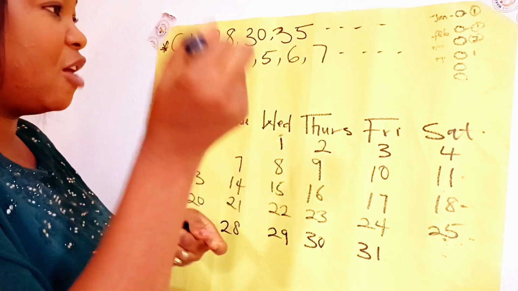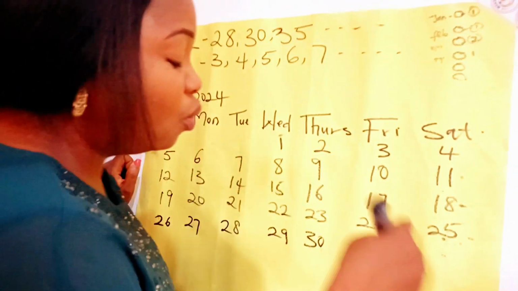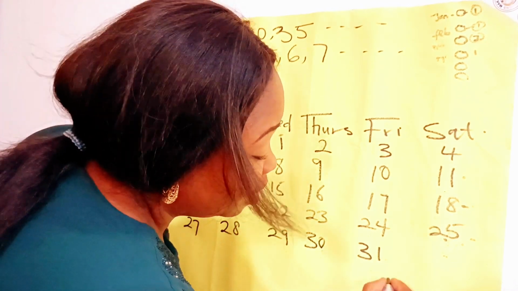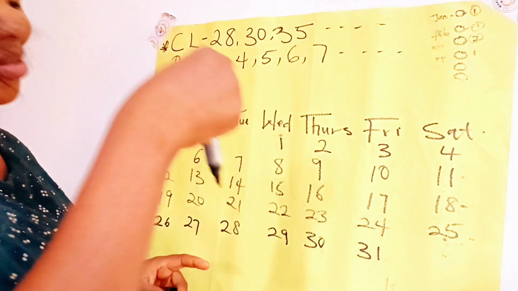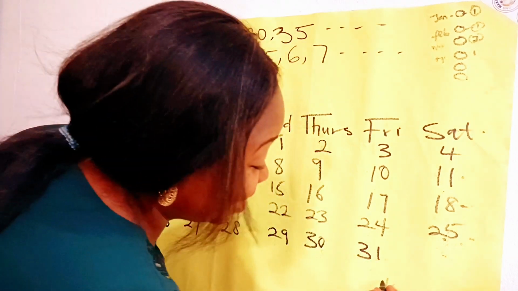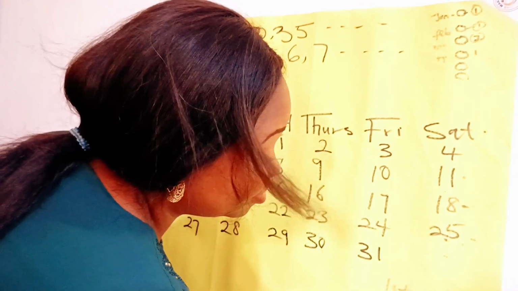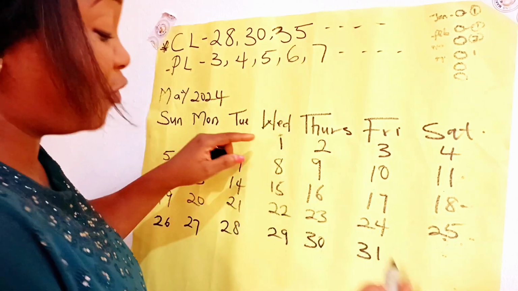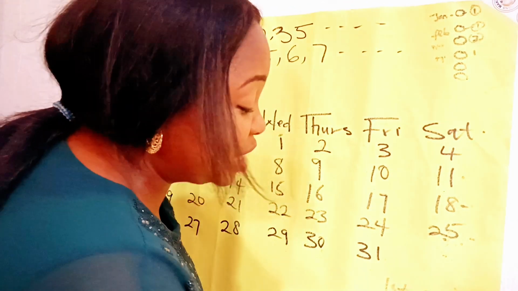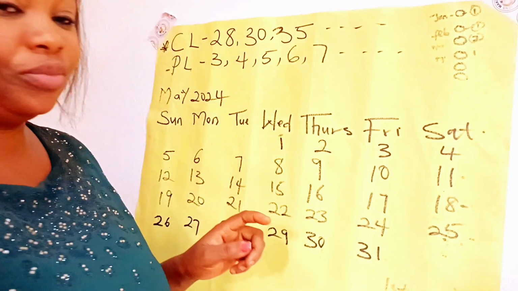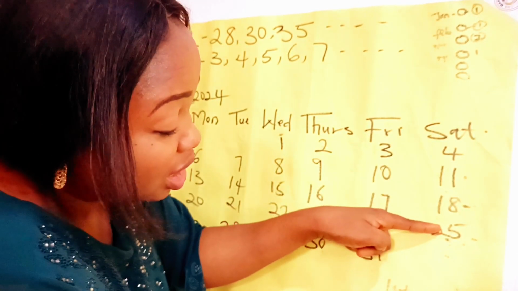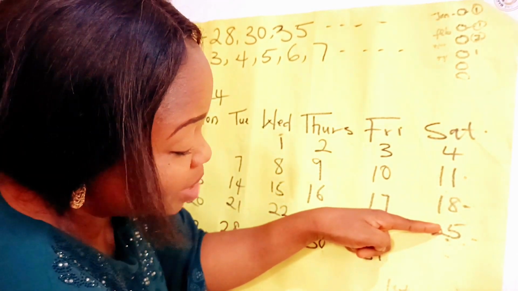So if you look at it now from what we calculated, the first cycle is 1st of May, okay? Then the second cycle was 25th of May.